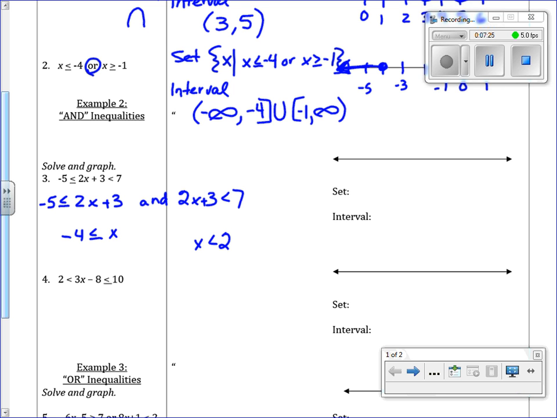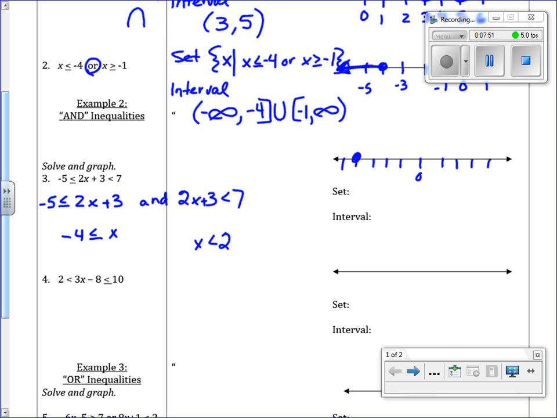Here's my 0. And let's see. 1, 2, 3, 4. 1, 2, 3, 4, 5. All right, so it says negative 4, or x, if I read this backwards, x is greater than or equal to negative 4. So 1, 2, 3, 4. There's my colored in circle.